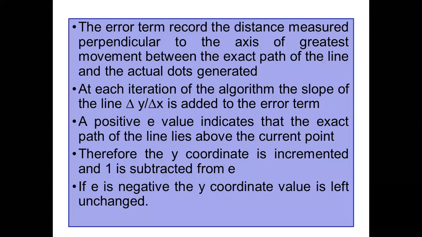In the Bresenham algorithm, we will use an error term. That error term is equal to the slope of the line. Here we will use E is equal to delta y over delta x. This is called the error term, and this error term is added again and again.